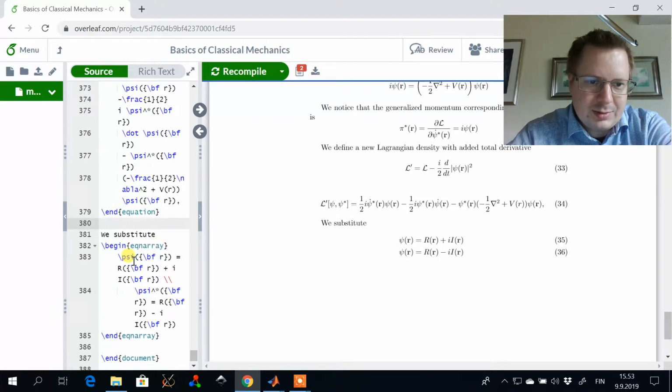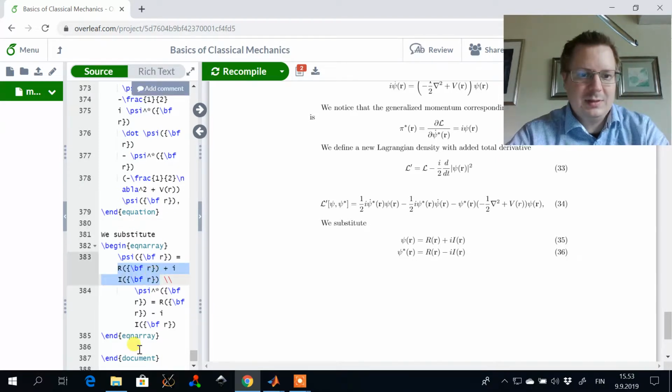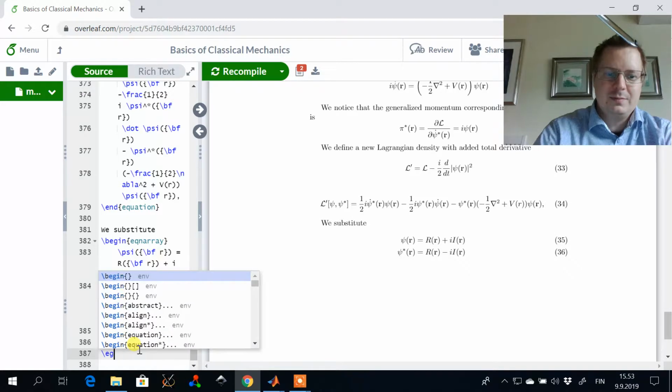And then we just have to substitute this, and we need to be a little bit careful.